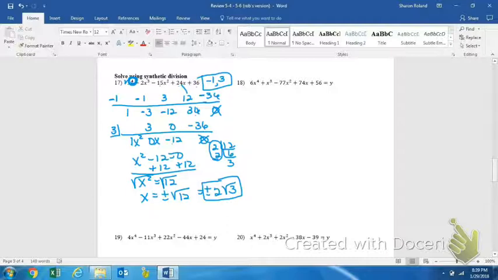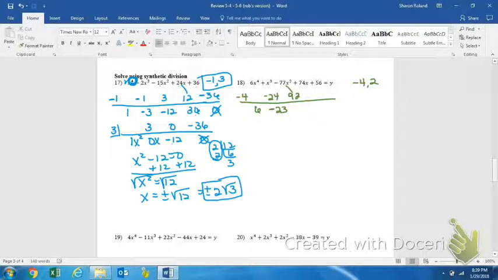Okay, so on number 18, when you plug that into the calculator, you get zeros to be -4 and 2. So I'm going to plug -4 in first, and I'm just going to leave the coefficients there, and we'll work with those. Bring the 6 down. -4 times 6 is -24. -24 and 1 will give you -23. -4 times -23 is 92.